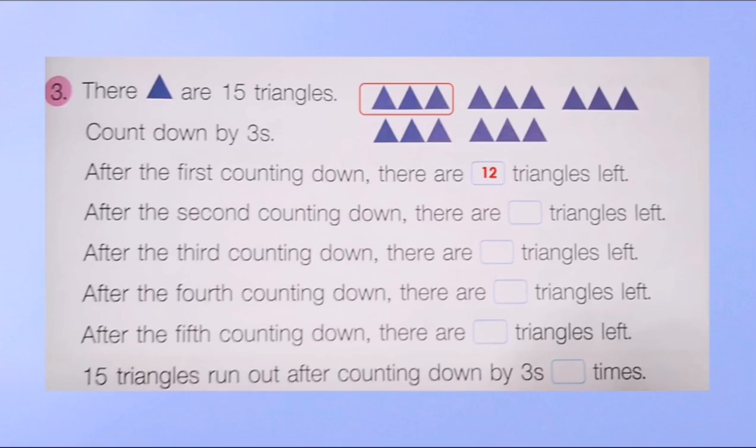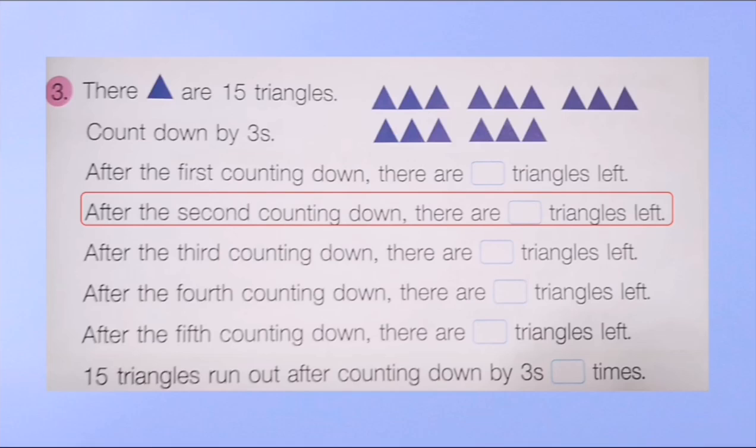So there are 12 triangles left. Now let's read the whole sentence together. After the first counting down, there are 12 triangles left. Let's read the next sentence. After the second counting down, there are blank triangles left. So let's count another group by threes.